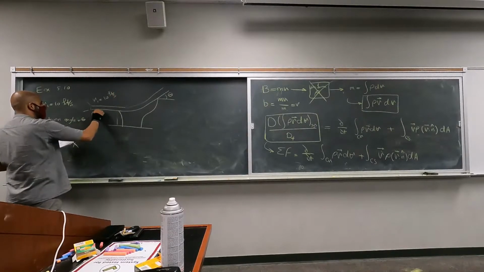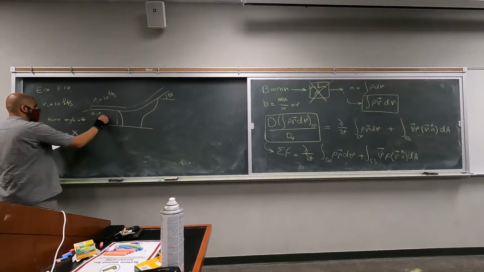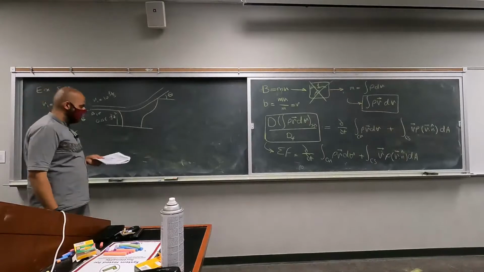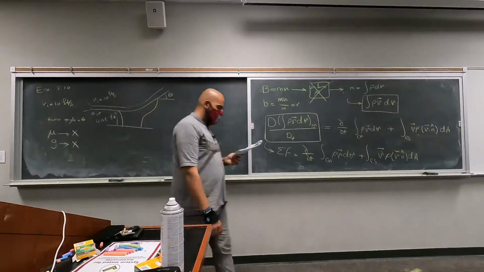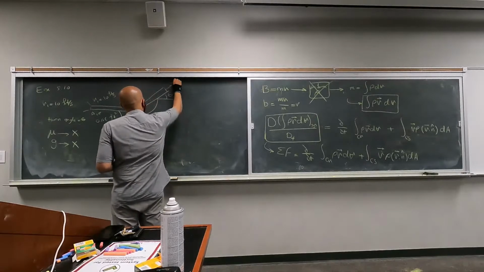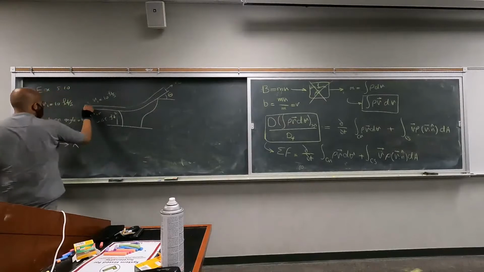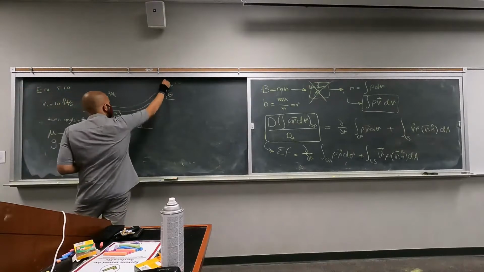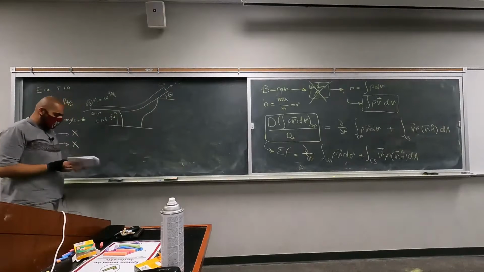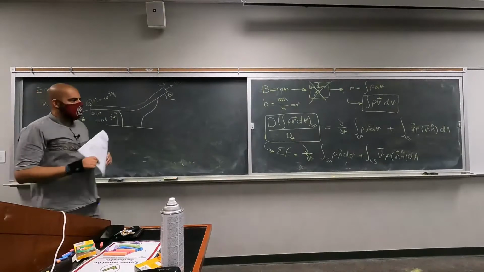A1 is equal to 0.0 feet squared. And this is 0.2, this is 0.1. You're required to find the force. So let's see what we can do with this equation.